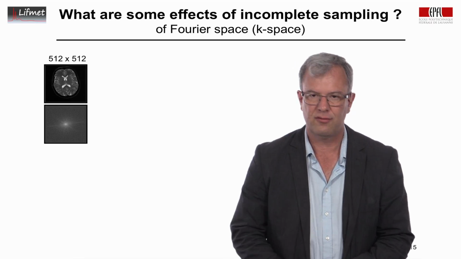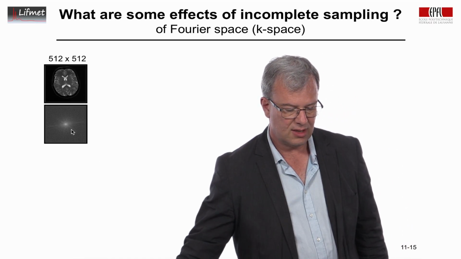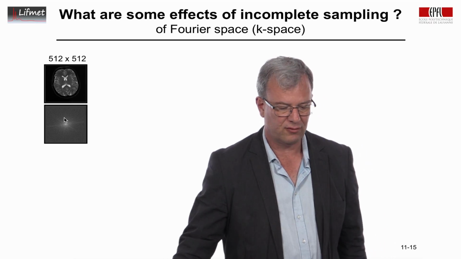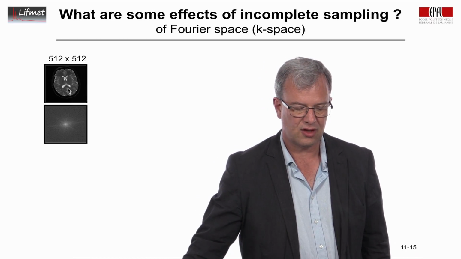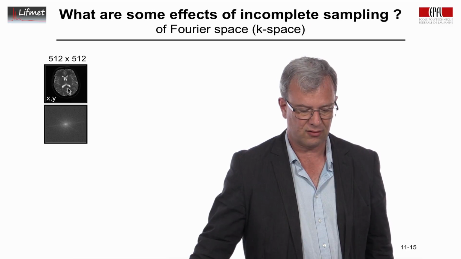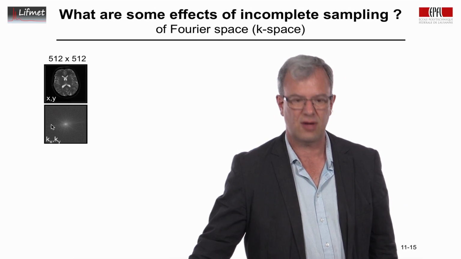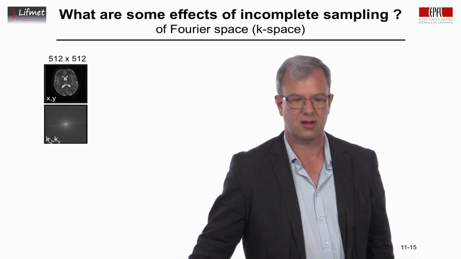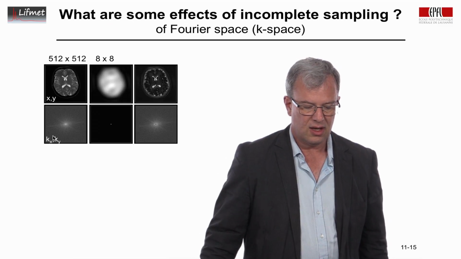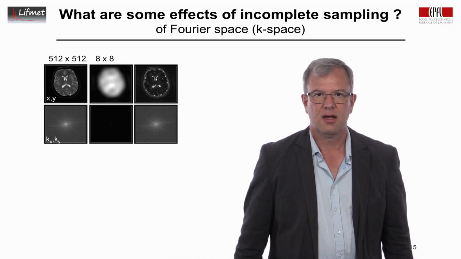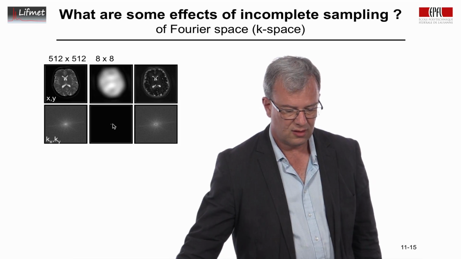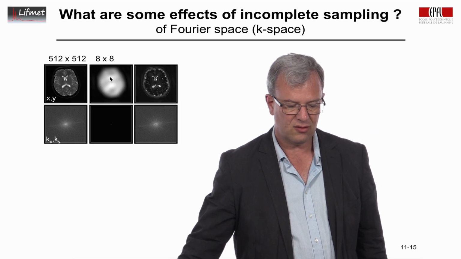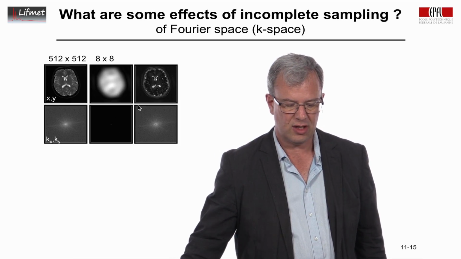Here is an MRI image, the data acquired at 512 by 512 spatial resolution. That's the reconstructed image, the 2D Fourier transform. That's XY space, and this is K-space here, Kx, Ky. If we now take the center 8 by 8 points and reconstruct this, we get a very blurry image.